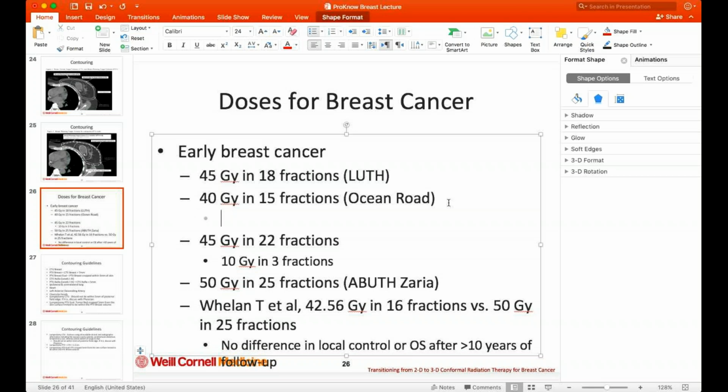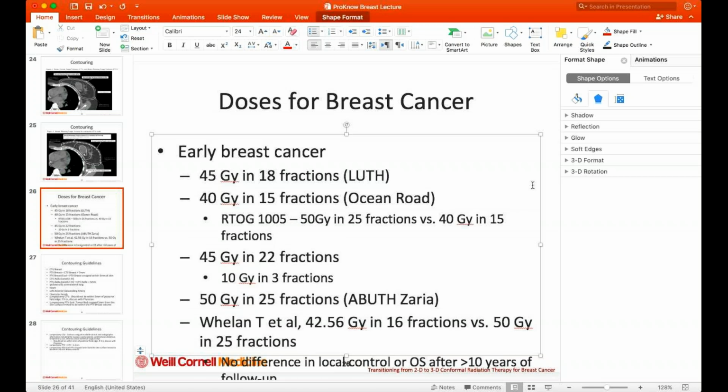And it was also used for RTOG study 1005, which looked at 50 gray in 25 fractions versus 40 gray in 15 fractions, so they looked at hypofractionation as well. So that's been proven to be a reasonable regimen as well.